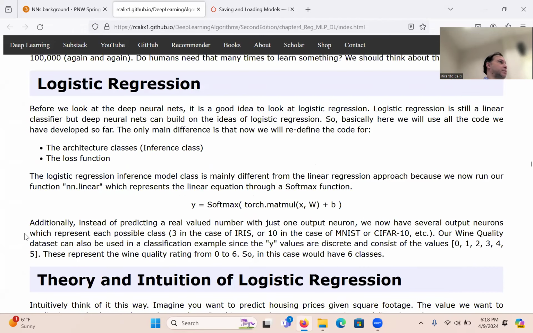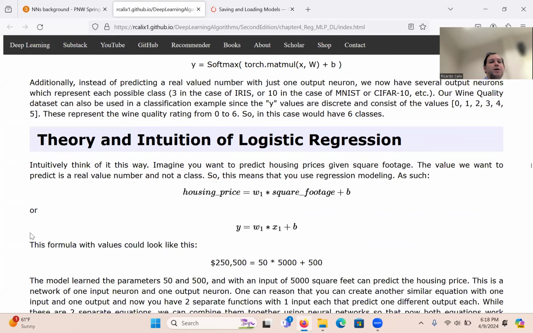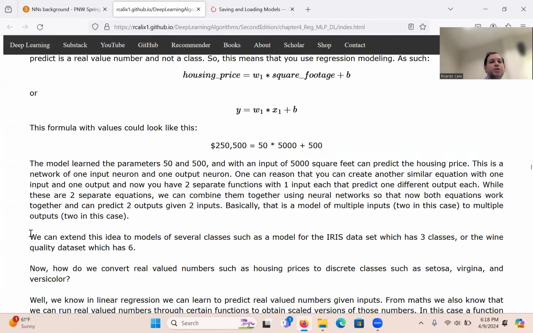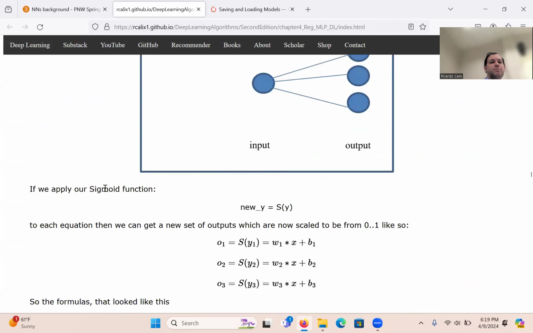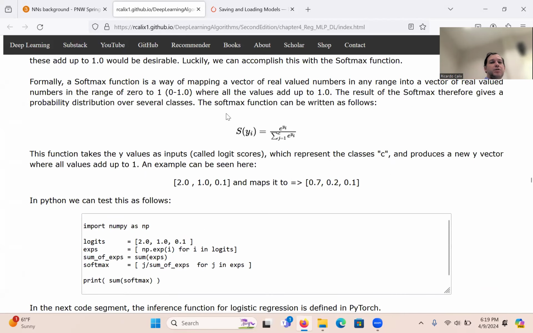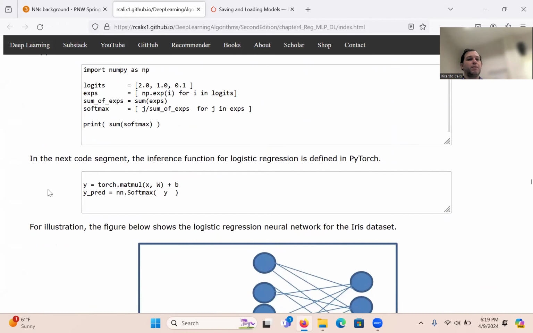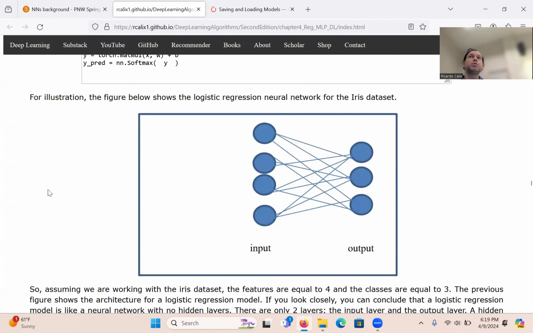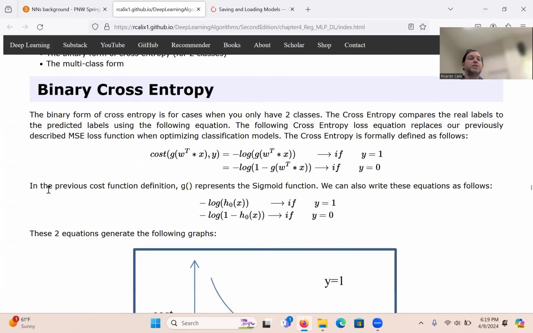And then these are some of the equations for linear regression and logistic regression, some of the intuition, activation functions. This is actually softmax, which we will do an example of today. And then this is the neural network for logistic regression. This is the binary cross entropy, a lot of fun, right?